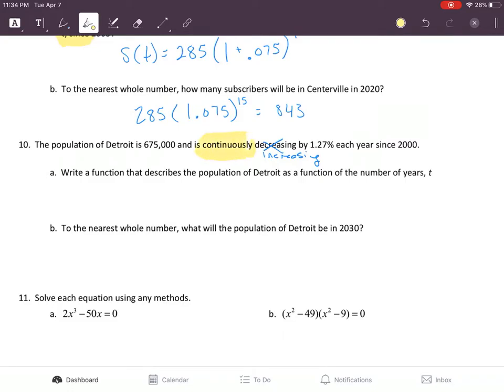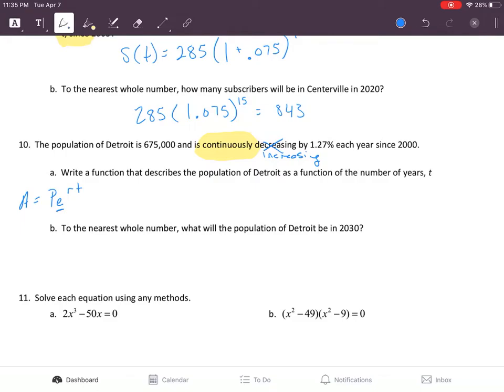The reason I'm making that change is that continuously is a key word that tells you it's a different type of equation. That equation is A equals the principal times e to the RT power. Because it's continuously, you're going to use this, because the e is the continuous part.